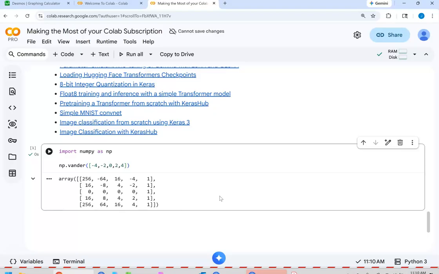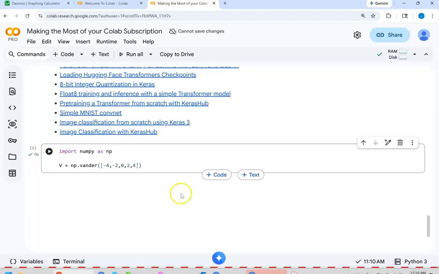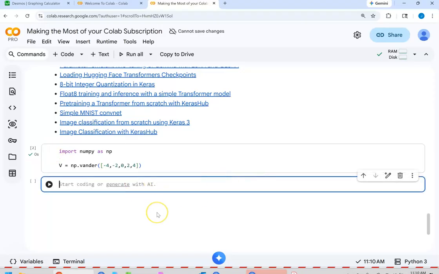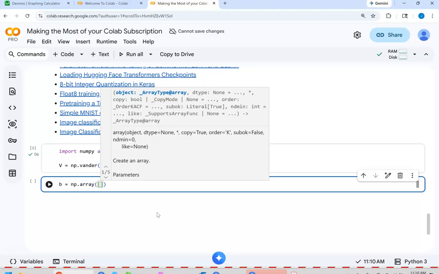Okay, so that creates the Vandermonde matrix. We've done that before, right? Let me give it a name. And then I need the outputs of the function, right? I need the y values associated with those x values. I'm just trying to find the interpolating polynomial through those 5 points.